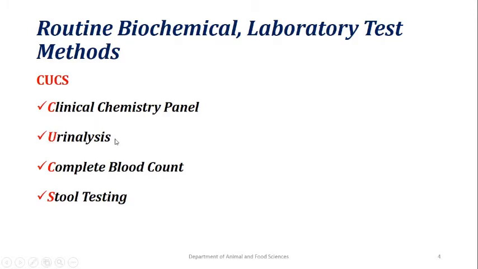It is a major non-communicable disease that is causing a huge proportion of deaths all over the world. So we can do urine analysis to identify kidney diseases, liver diseases, as well as diabetes.